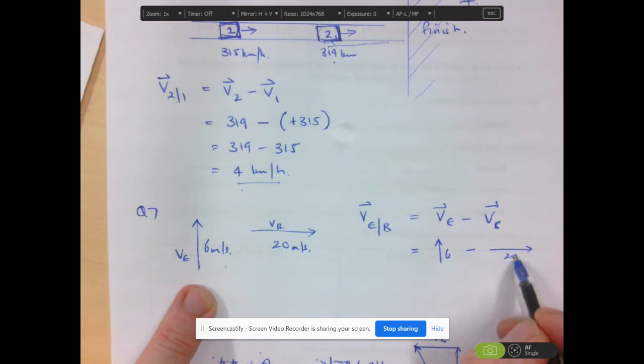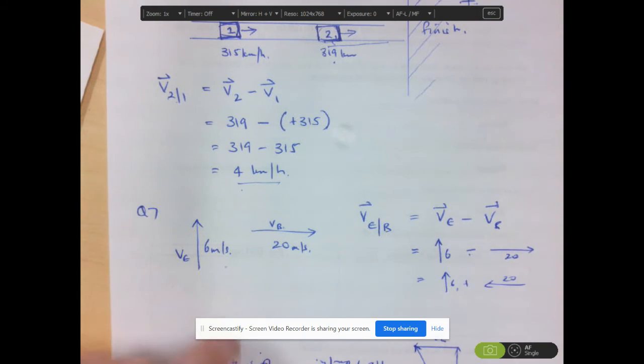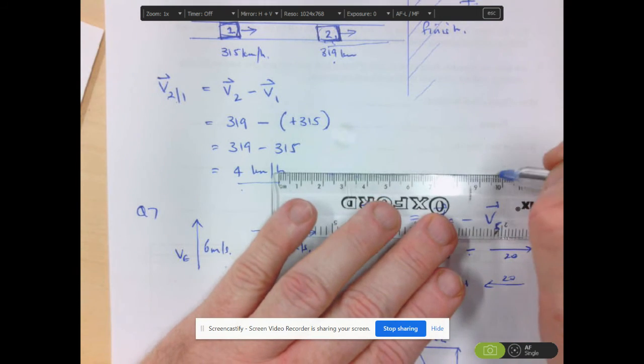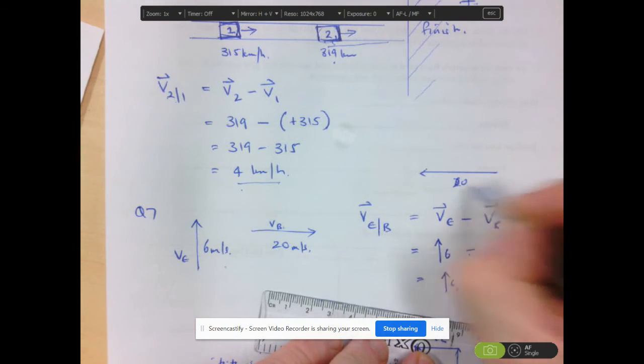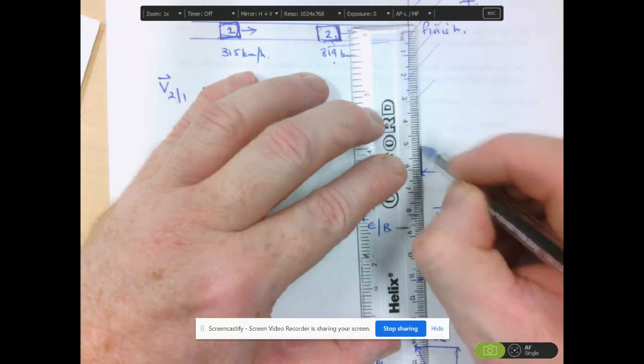The negative of this vector would be adding these two together with the opposite direction, so that would be a 6 plus a 20 in this direction. Okay, so adding them up here, I'll just do it above it because I'm running out of paper. So that's 20 plus 6.